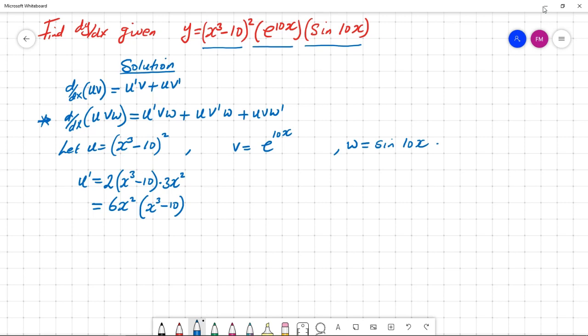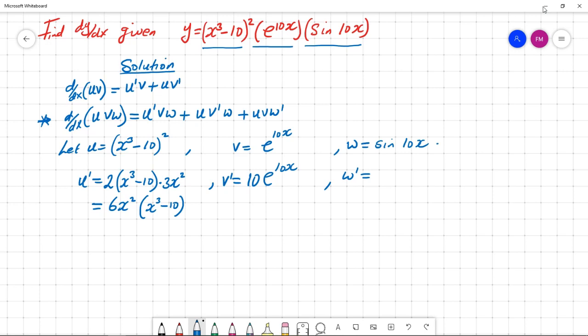So that is that. Then we go to v prime. So differentiate this. What you do is that you differentiate the power with respect to x, and that gives you 10, so you put 10 there, multiplied by e power 10x. So that's how you differentiate the second function. Then w prime will be given by, so still you will use chain rule.